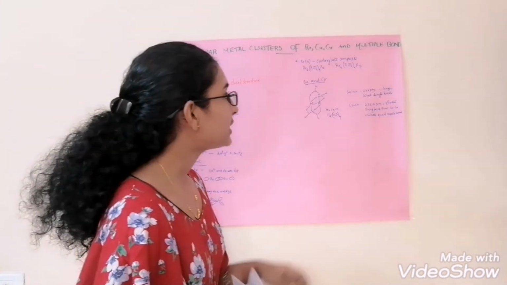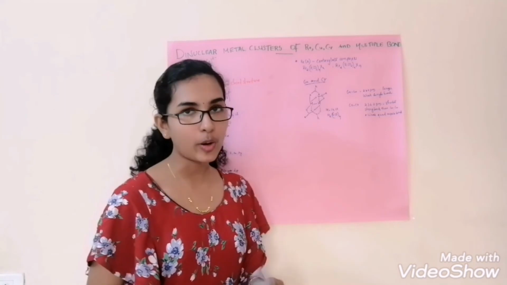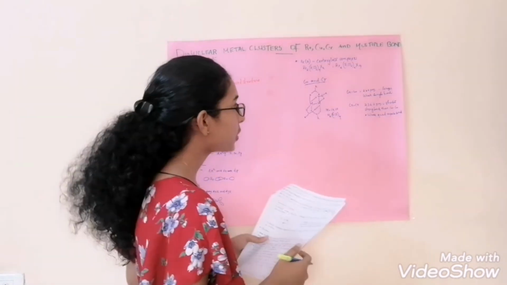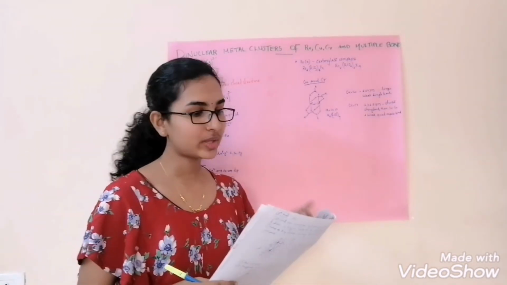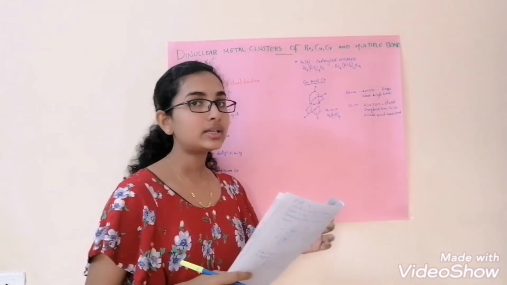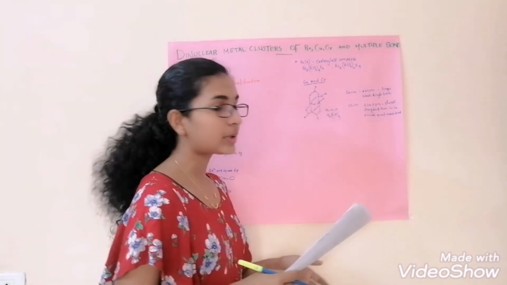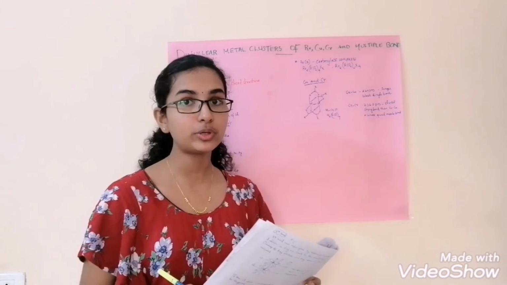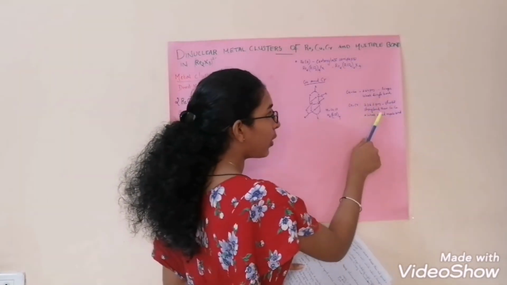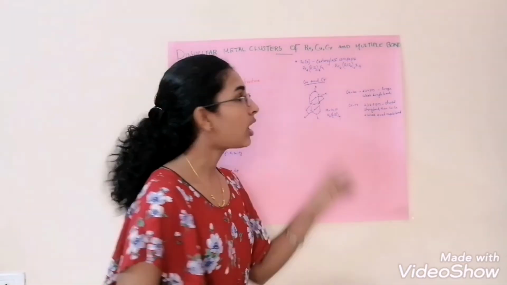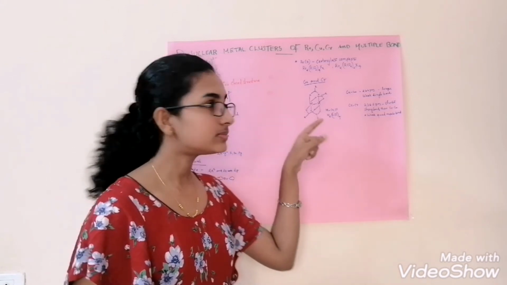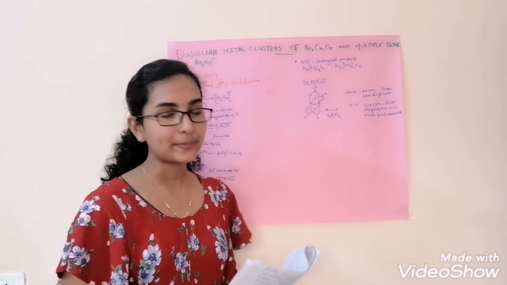Then coming to the dinuclear metal clusters of chromium, the distance is 236.2 picometer, which is shorter than in metallic chromium, 249.8 picometer. The chromium bond strength is given as 45 kilojoule per mole, which suggests that it is a strong bond compared to the bond in the dinuclear metal clusters of copper.